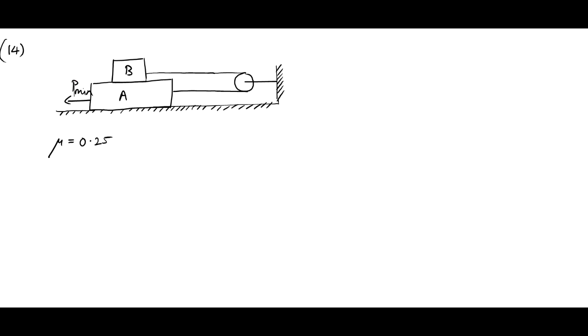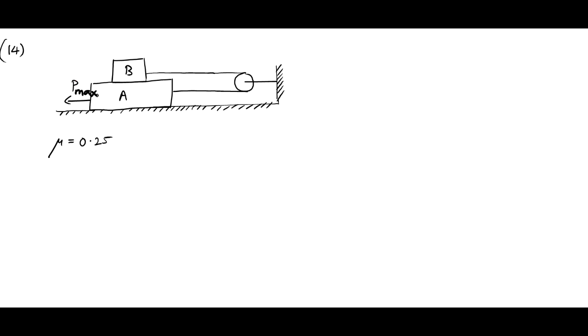Now as we have done often before in the class, we convert this dynamics problem, in which we want to get the system to move, into a statics problem. So instead of finding the minimum value of P which can actually move the system, we find the maximum value of P for which static equilibrium exists.